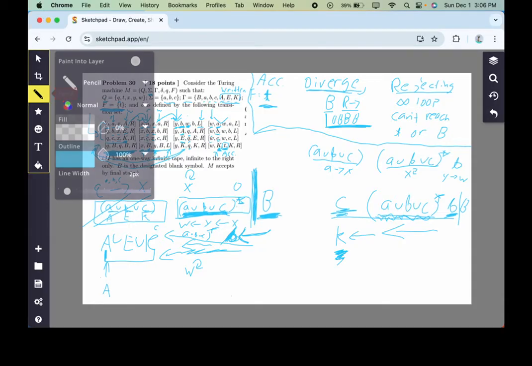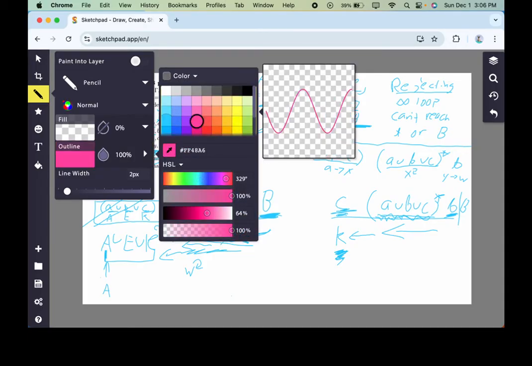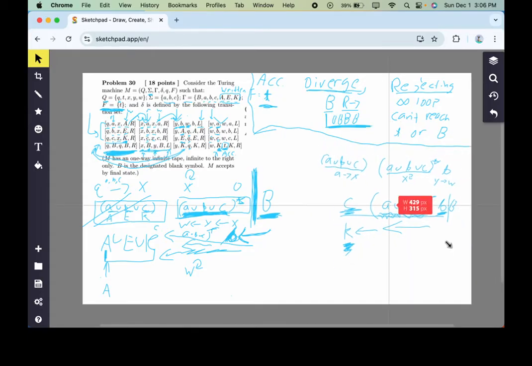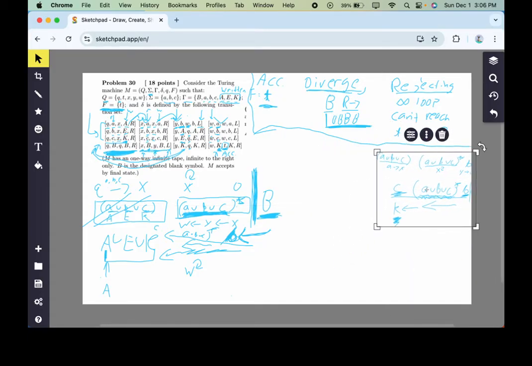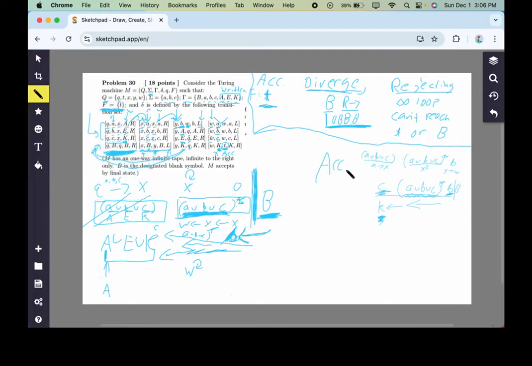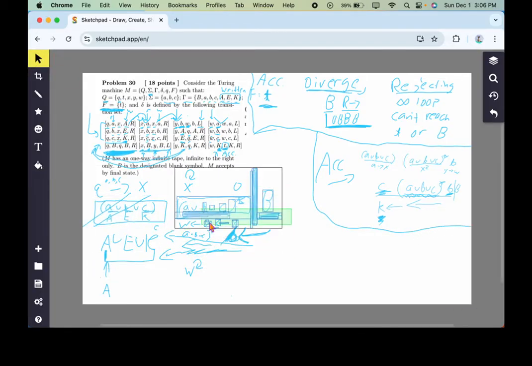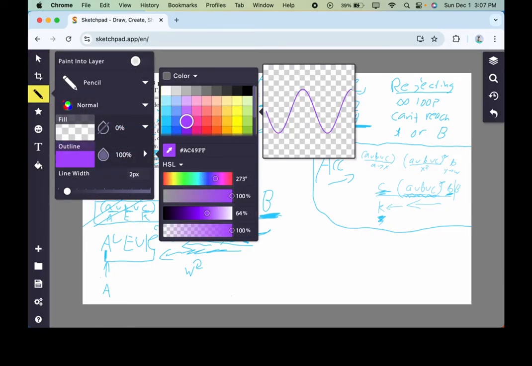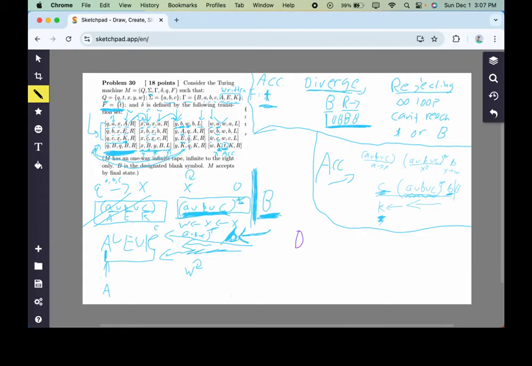Let's work on diverge now. Diverging ain't bad either. Okay, diverging is often shown with an infinity sign.